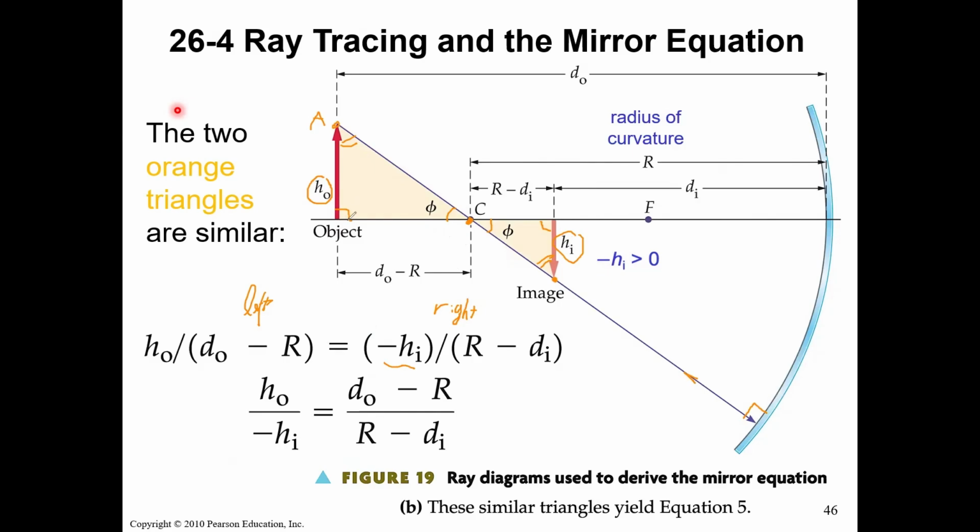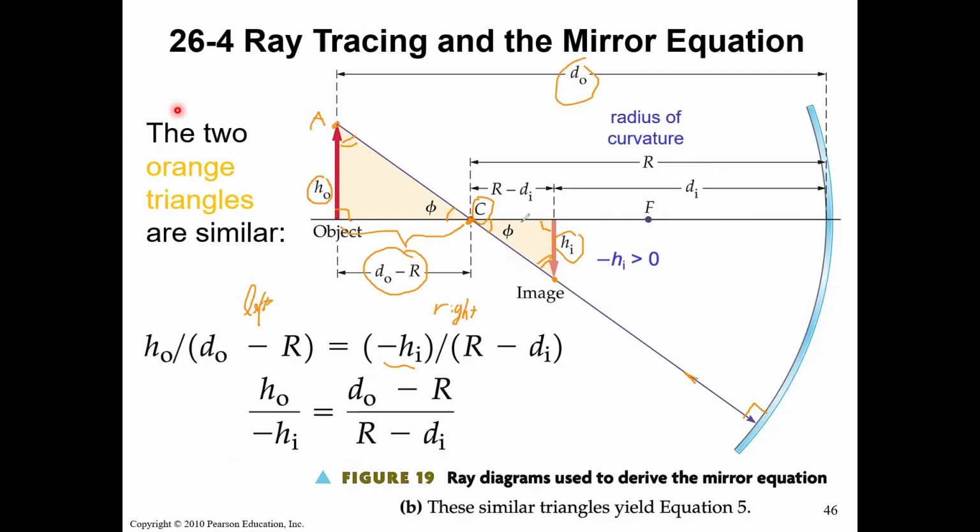Okay, the second side we care about is this side. What's the size? So we know that the distance between the object and the mirror is just DO, and the distance between the center of curvature and the mirror is just R. Okay, so the side we care about is just DO minus R.